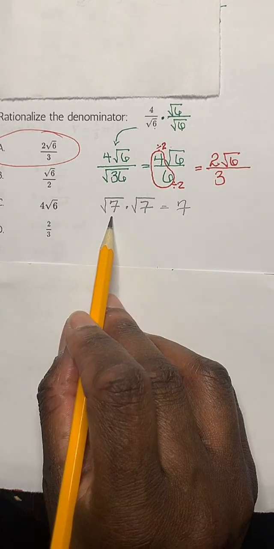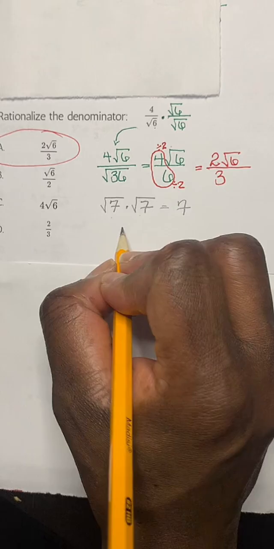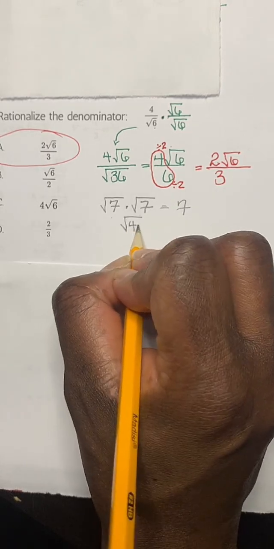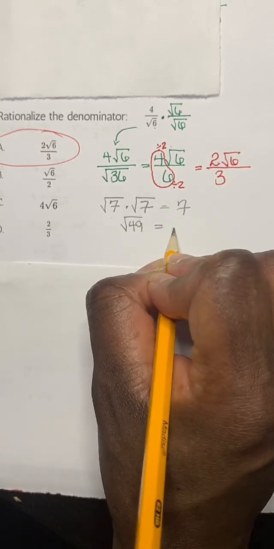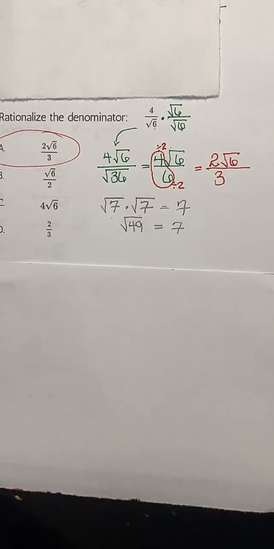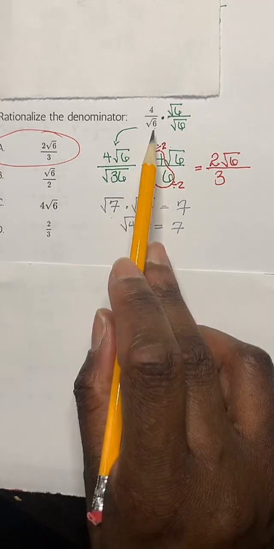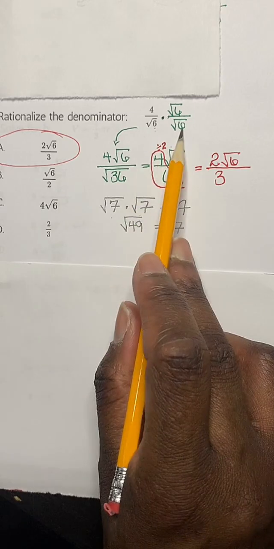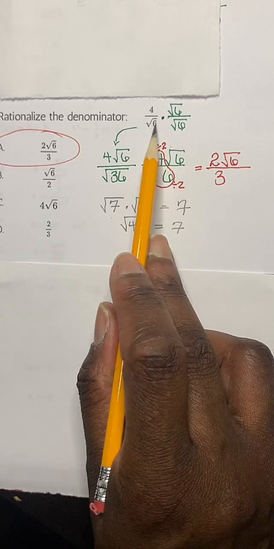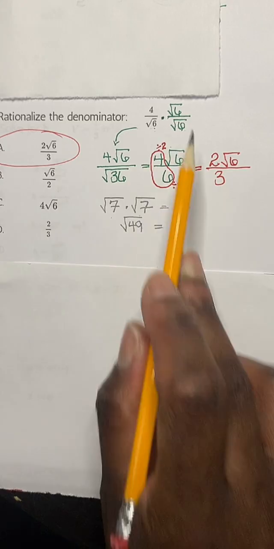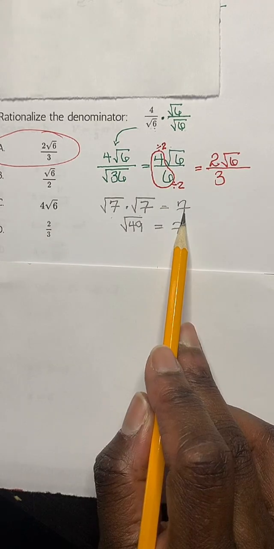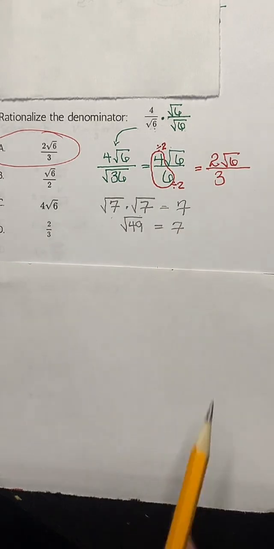So square root of 7 times square root of 7, that normally would give me the square root of 49. Square root of 49 gives me 7. So if you're multiplying the same radicals with the same radicands, it's just going to be that number without the square root.